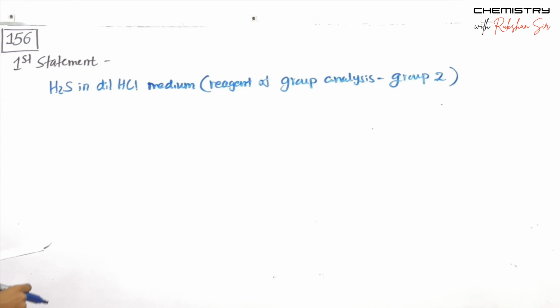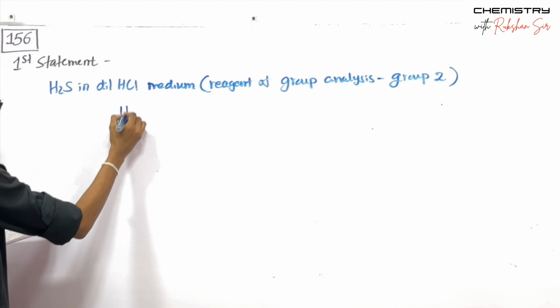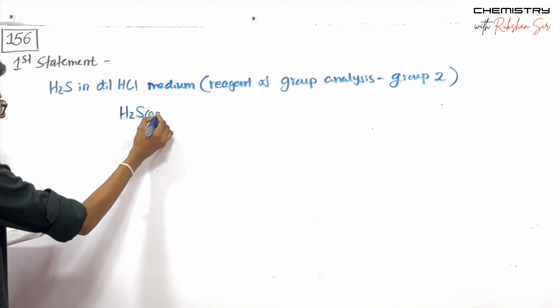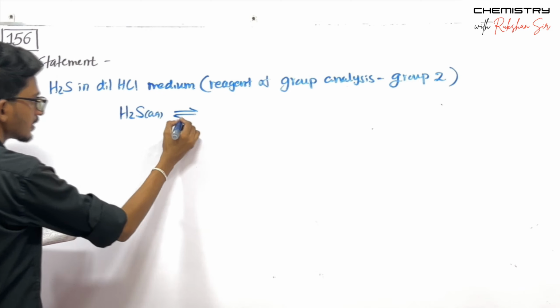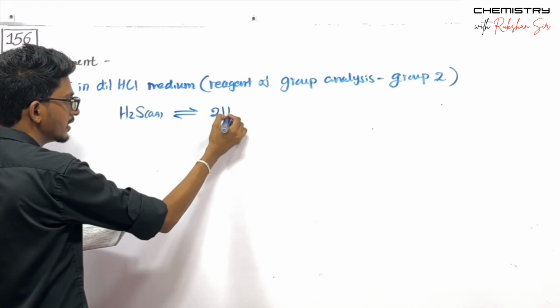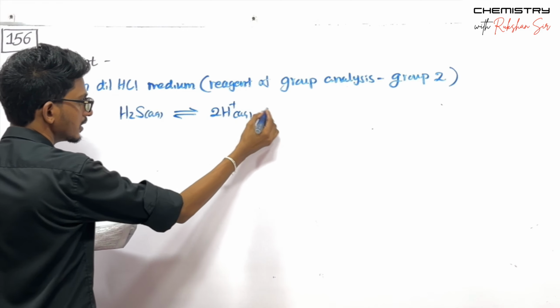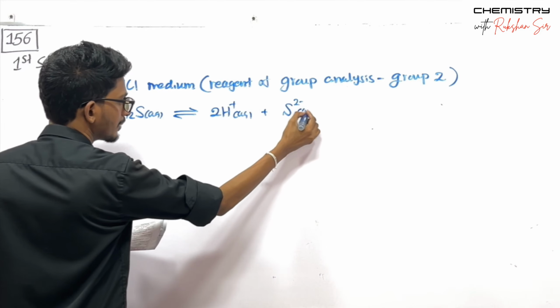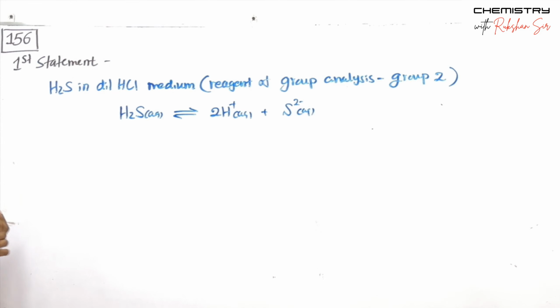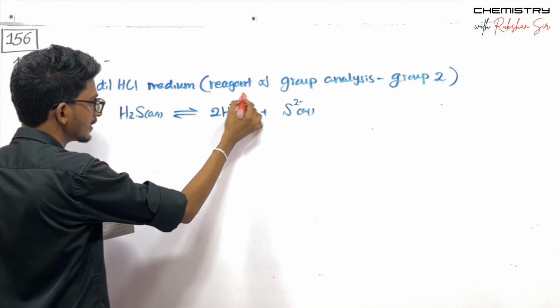Okay, see the theory behind that. With the group 2 reagent, H2S is added in an acidic medium. So what will happen? The medium is acidic, which means a high H plus concentration is there in the medium.